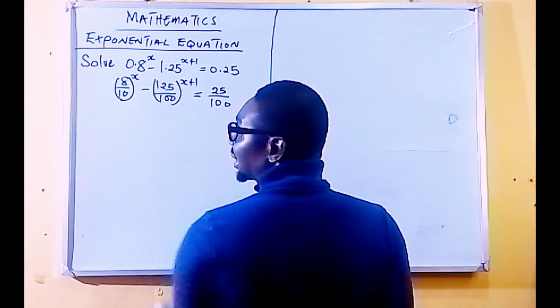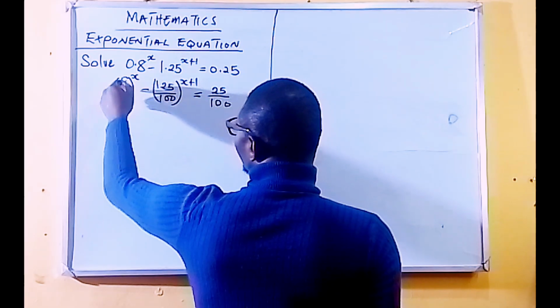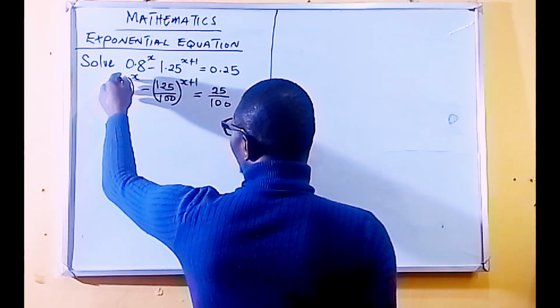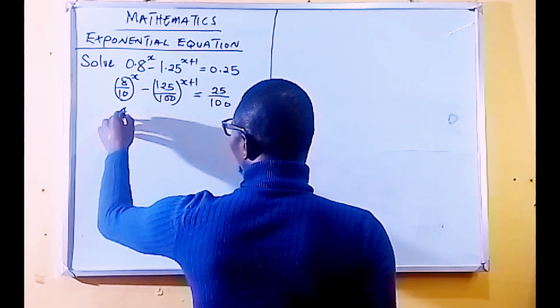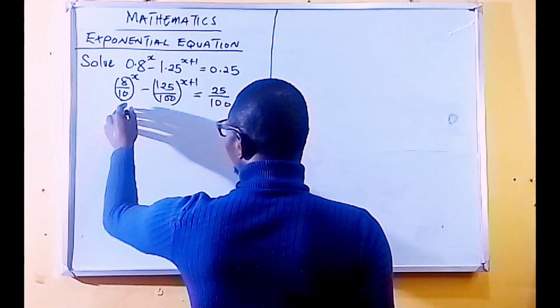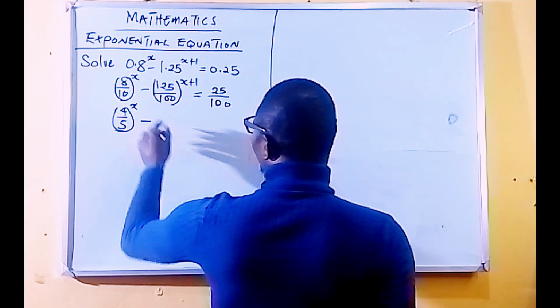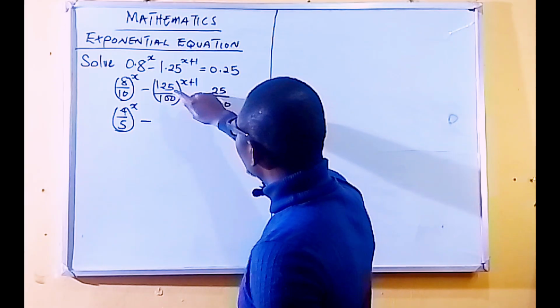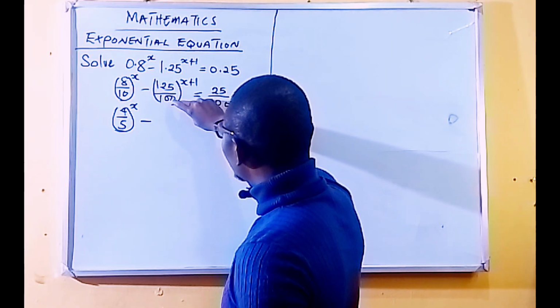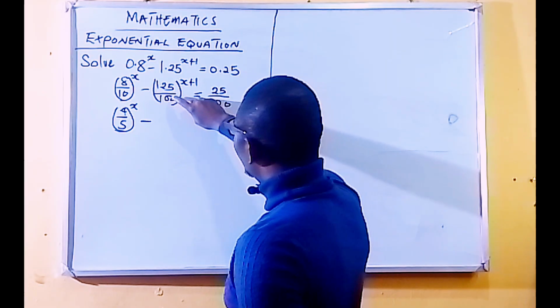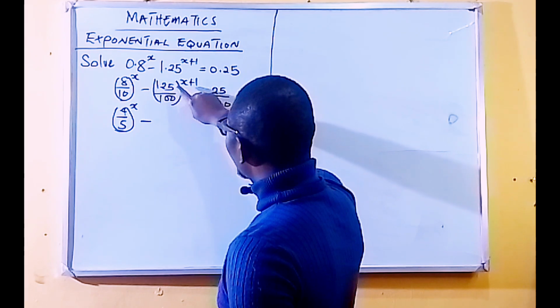So we're going to simplify now. If I reduce this to the lowest term, I have 4 over 5 raised to the power of x minus, now I can see 25 in 100, we have 4. So 25 to 25, 1.